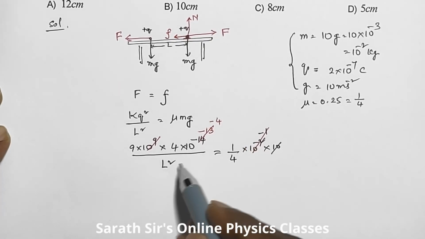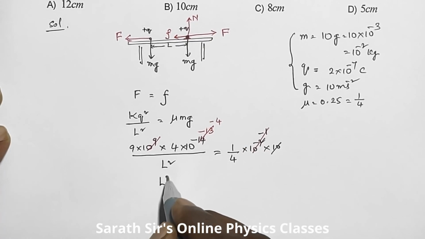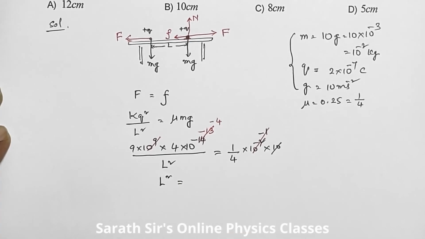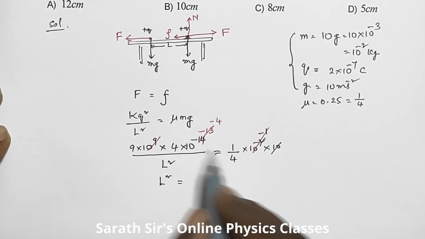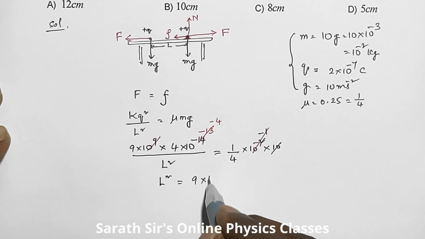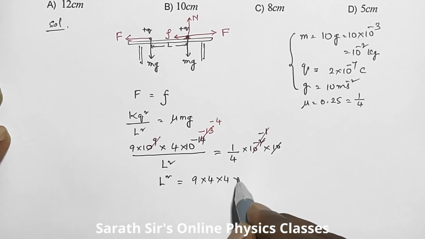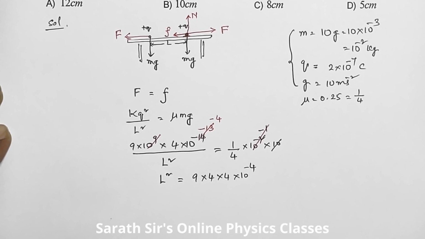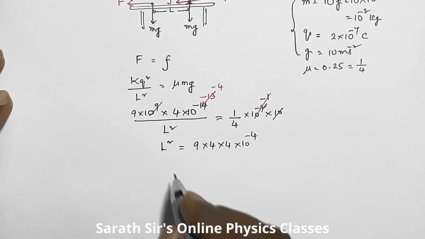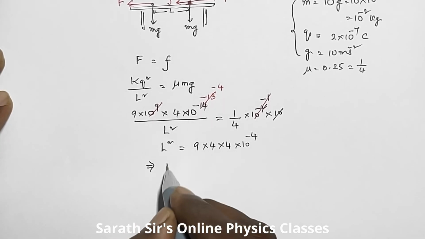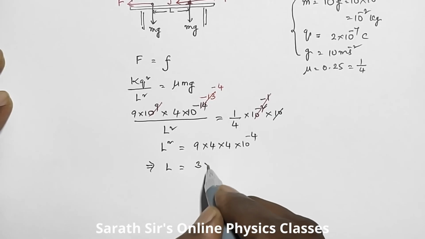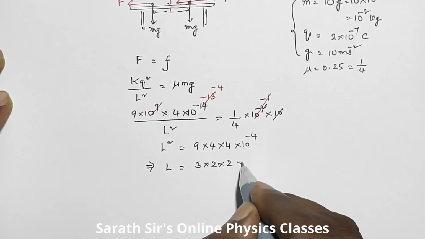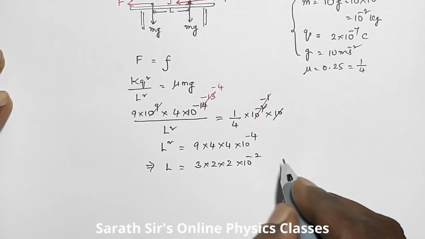Now I will cross multiply. L square is equal to, by cross multiplying, 9 into 4 into 4 into 10 power minus 4. Therefore L is equal to 3 into 2 into 2 into 10 power minus 2.